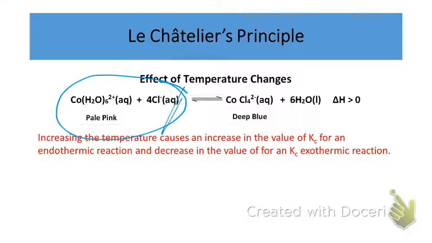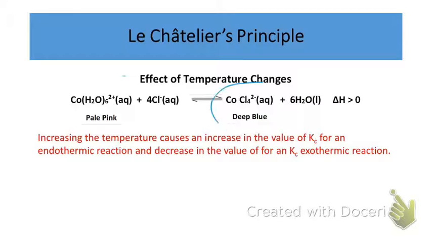Okay. Now, one thing to note before we get into temperatures: if the equilibrium state that we're in favors the products, then the solution should be a deep blue. However, if we add more product, it should shift.